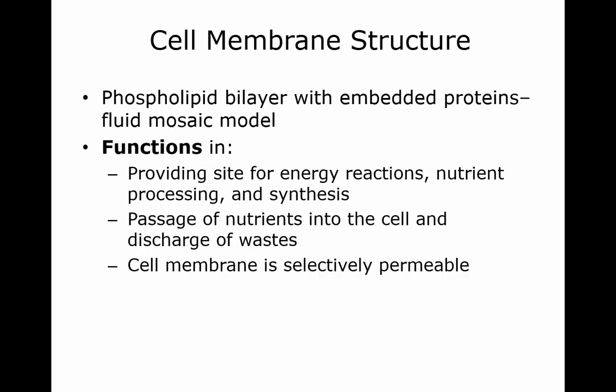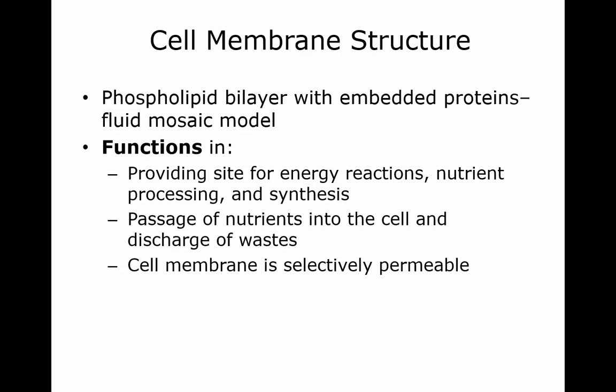Now, if we describe what a cell membrane is, it's the same thing in bacteria that it is in all your eukaryotes. It's a phospholipid bilayer with proteins embedded in it, and it moves like a fluid, that fluid mosaic model where those phospholipids can move back and forth.